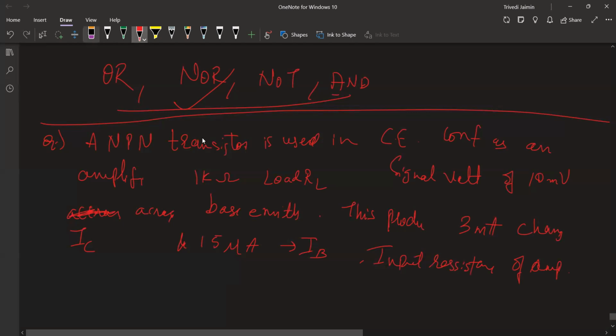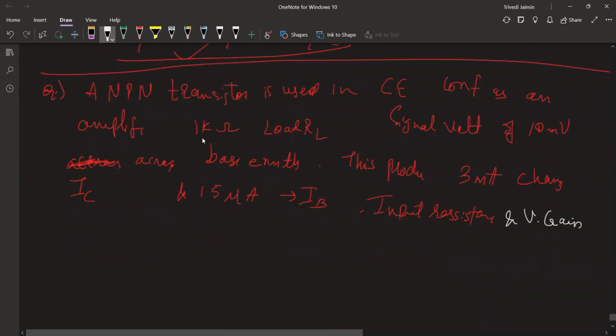Or let's not just this much, input resistance and voltage gain. Input resistance as well as voltage gain. Fine.